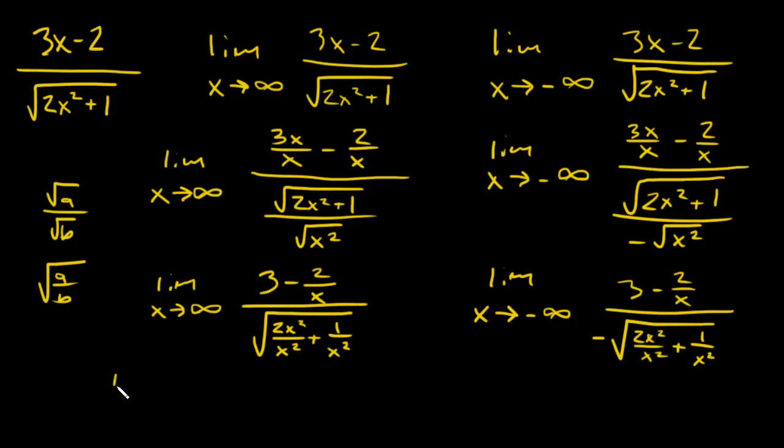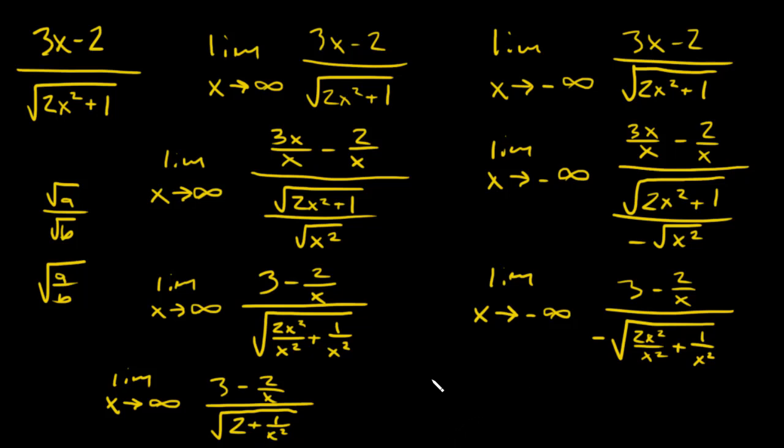Limit as x goes to positive infinity of 3 minus 2 over x over the root of 2 plus 1 over x squared.